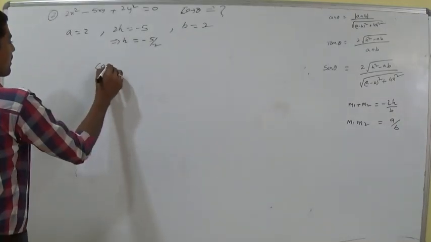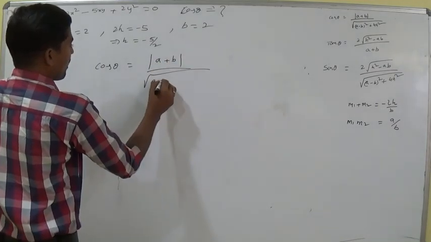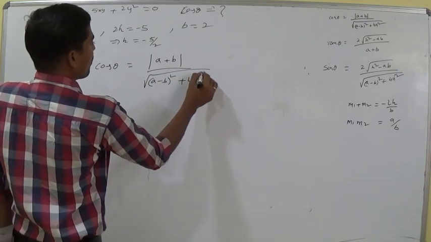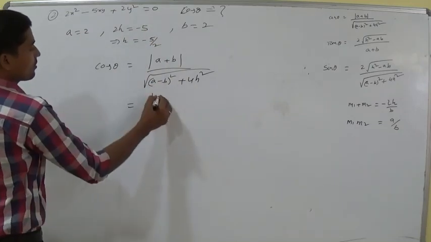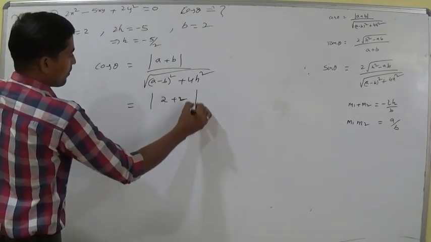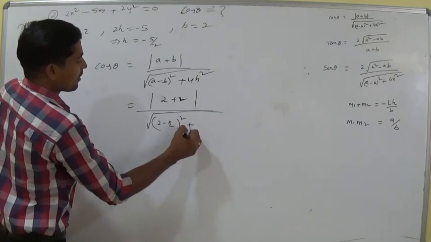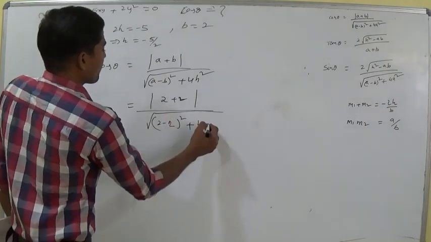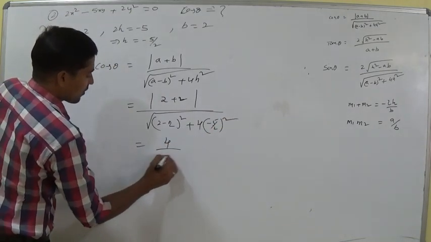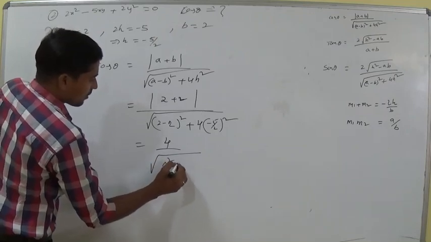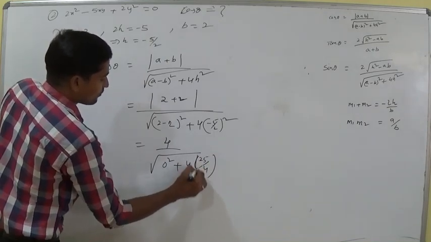So cos theta equal to modulus of a plus b by square root of a minus b whole square plus 4h square. Modulus of a plus b, 2 plus 2, by square root of a minus b, 2 minus 2 whole square, plus 4 into h square, minus 5 by 2 whole square, which is equal to 4 by square root of 0 square plus 4 into 25 by 4.